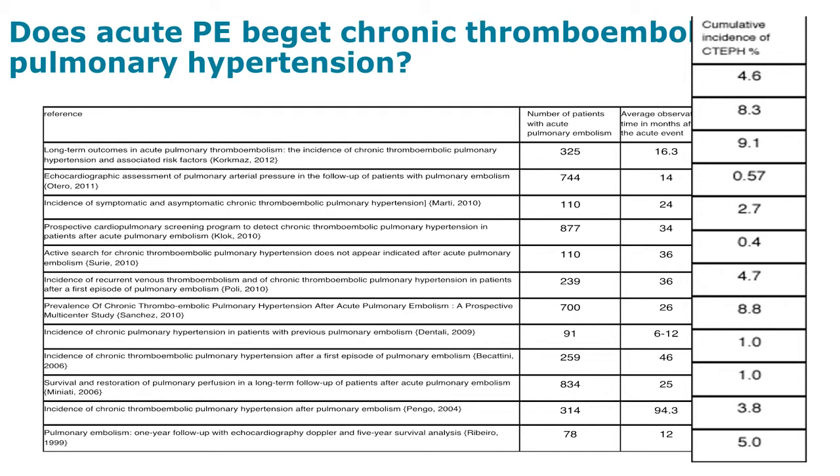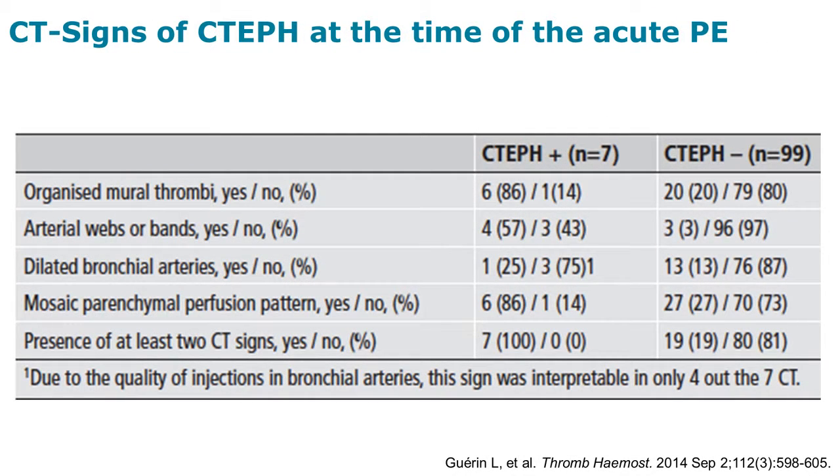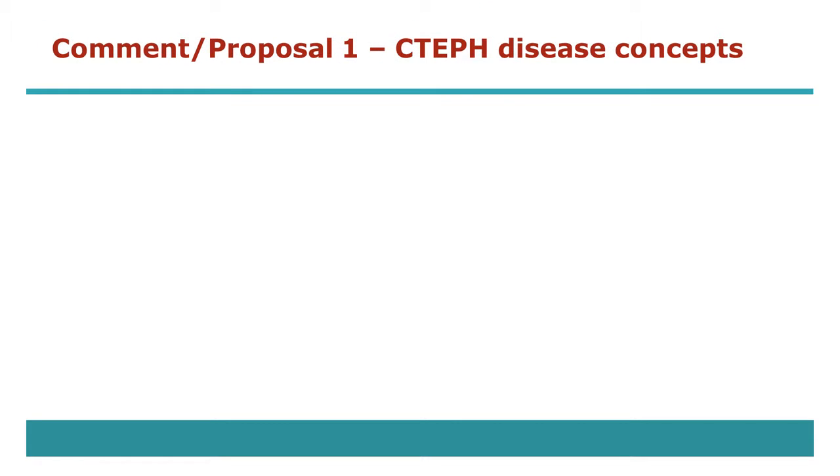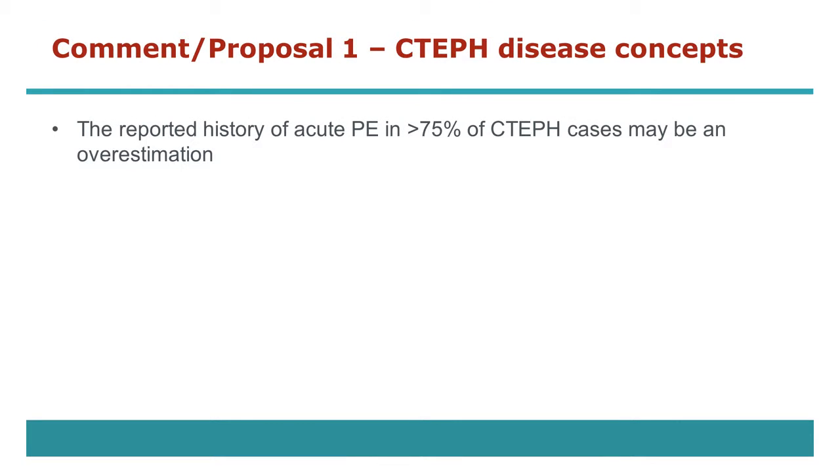on the hypothesis, I would think, which has been quite nicely addressed in a single publication where the CT signs of CTEPH were reported in all of the cases of CTEPH after an acute PE, which brings me back to the message that I would like to give you here, and that is we have to consider that the reported history of acute PE in over 75% of CTEPH cases may be an overestimation.